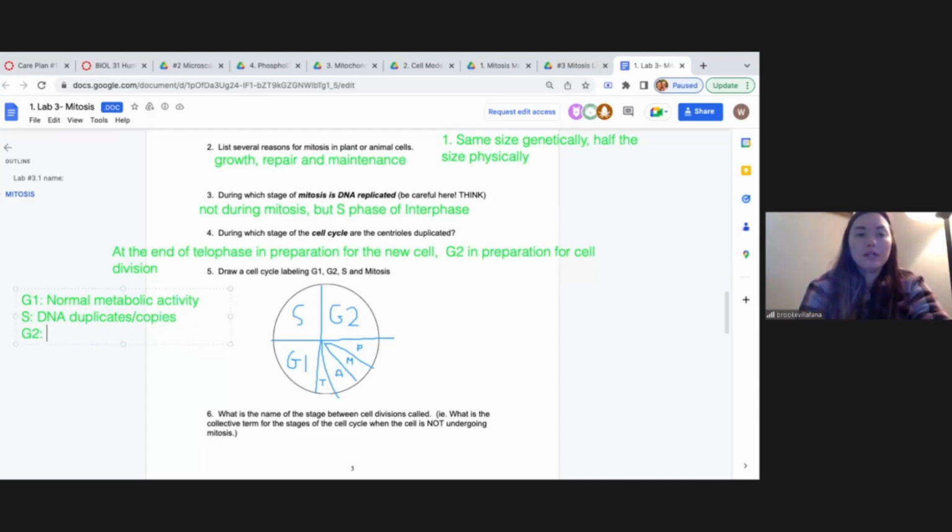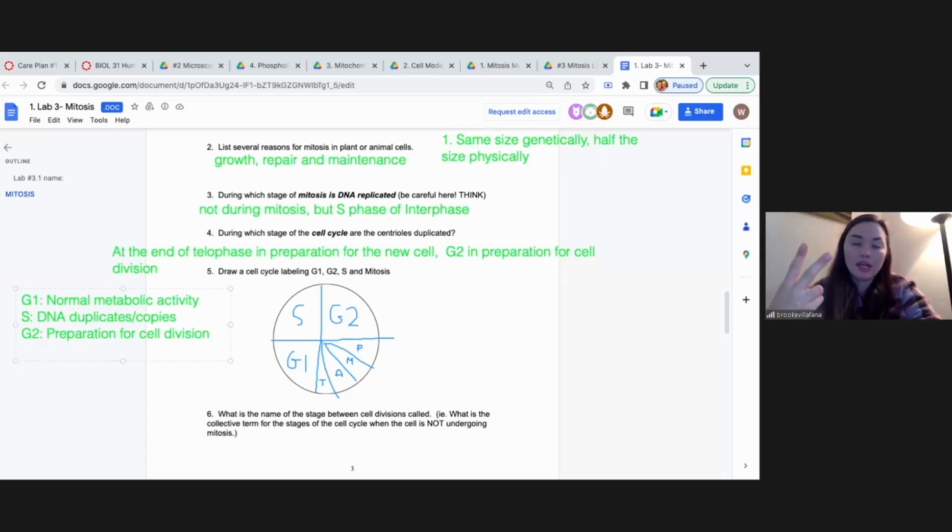G2 is preparation for cellular division. This is when all the products that the cell needs, it starts to get ready. You can think of it like the cell is getting ready for a big move or a big change and it wants to be prepared, okay? It has 2 copies of DNA. Now it's going to get ready to divide those and make 2 daughter cells.